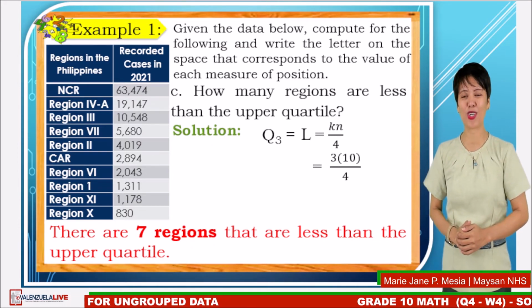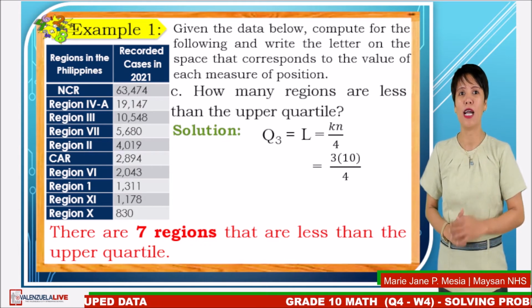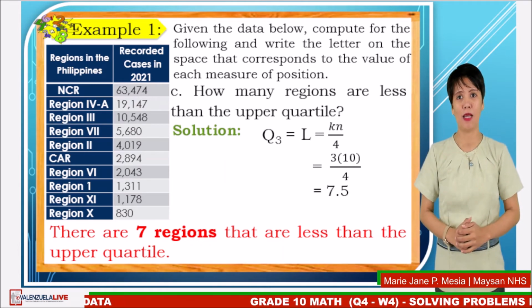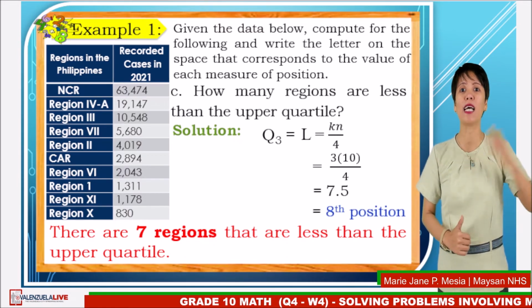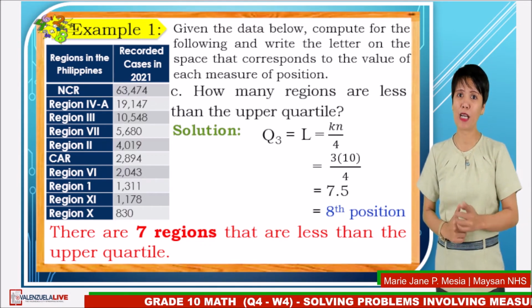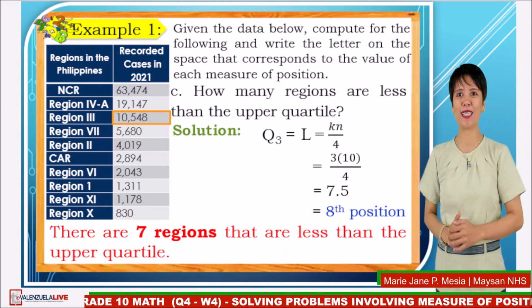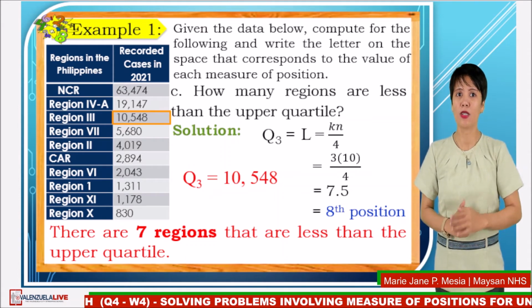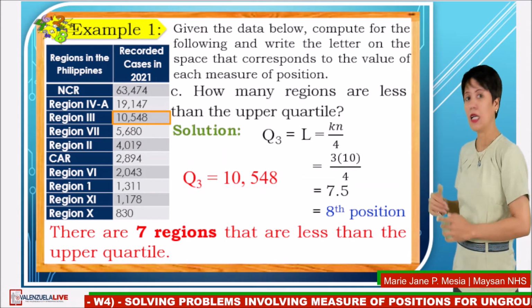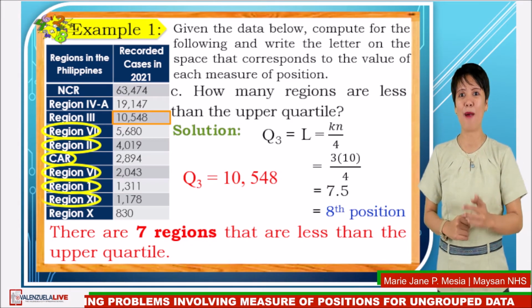By substitution, L is equal to 3 times 10 divided by 4 is equal to 7.5. Since this is not a whole number, round up 7.5 to the next whole number, which is the 8th position. So Q sub 3 is equal to 10,548. So let us check. It is true that there are 7 regions that are less than the upper quartile.